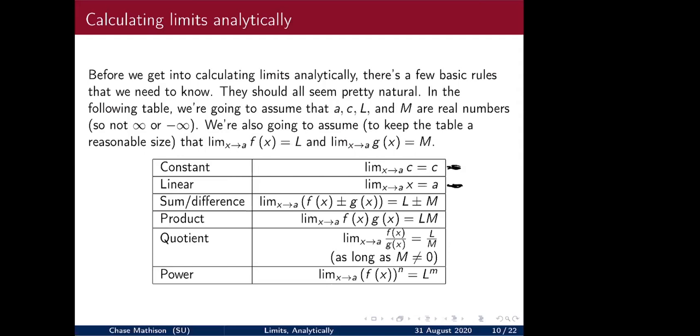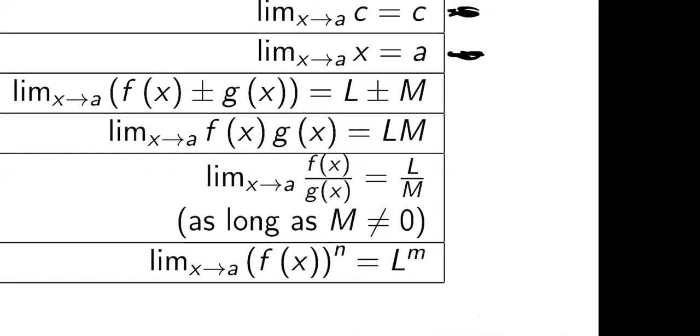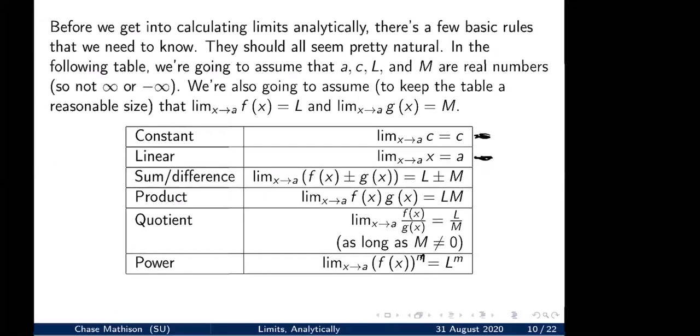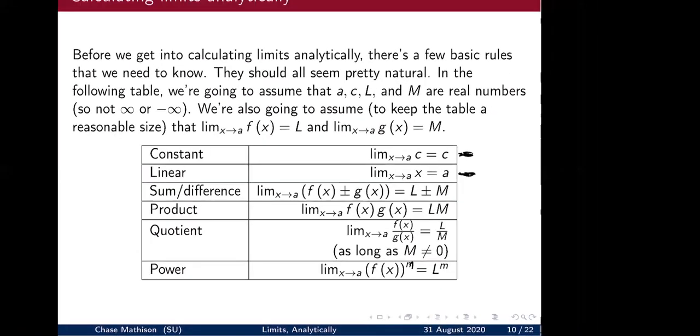Oops, I used different letters here. Sorry, this should be an M because that's an M. And that little m there doesn't just have to be an integer. That could be any power. It could be a square root. It could be anything.